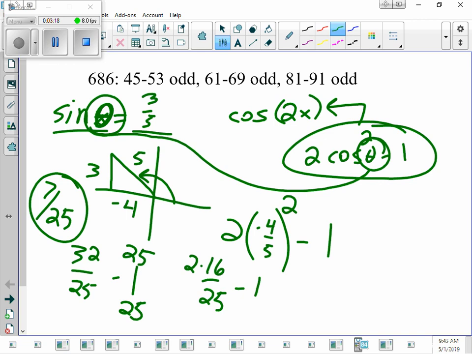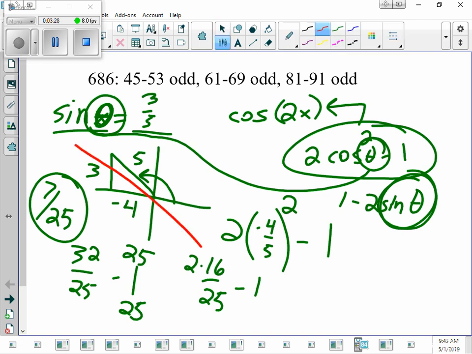So if I would have used the sine formula, which is 1 minus 2 sine squared of theta, I already know that the sine of theta is 3/5, which means I didn't even need to draw the triangle to begin with. If the sine of theta is 3/5 and I want the cosine of 2 theta, then I just plug 3/5 in here.